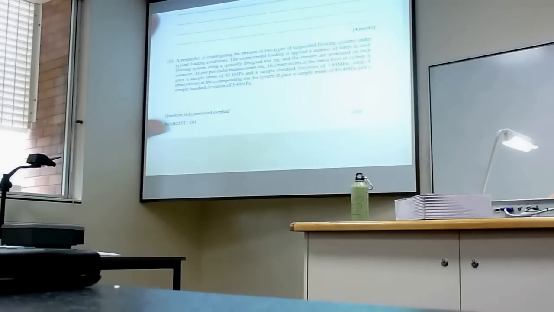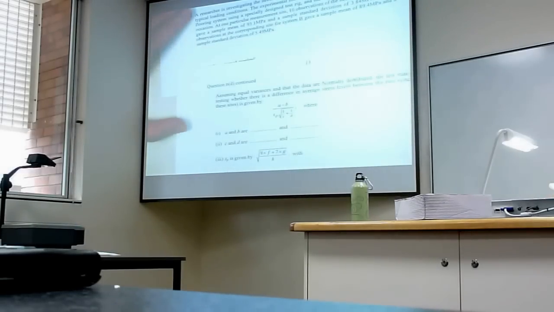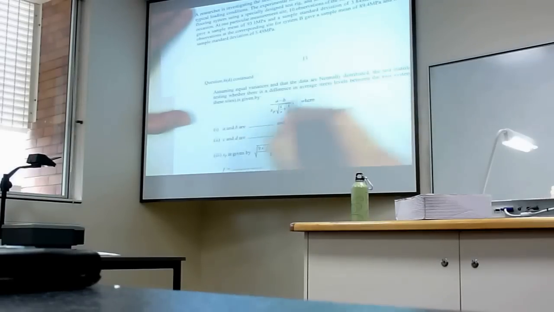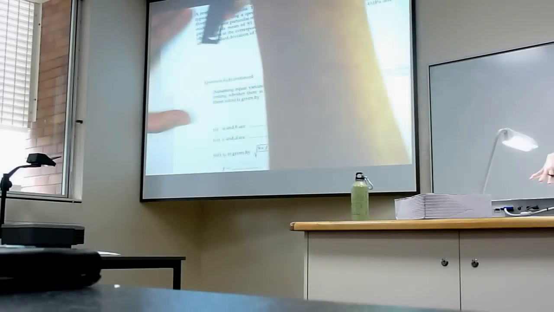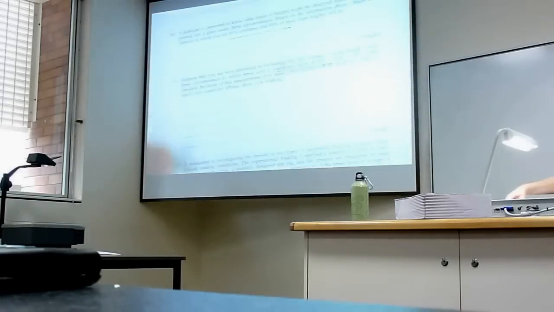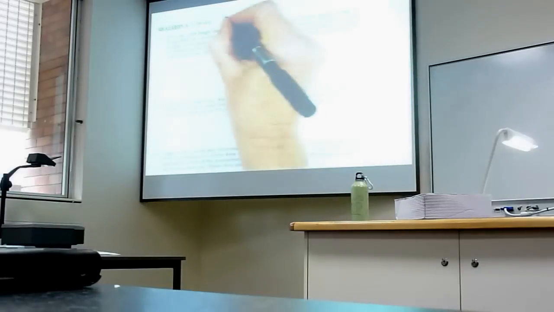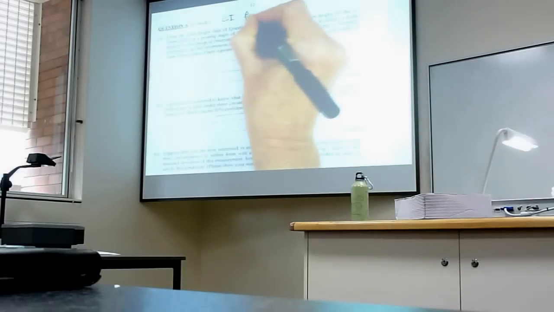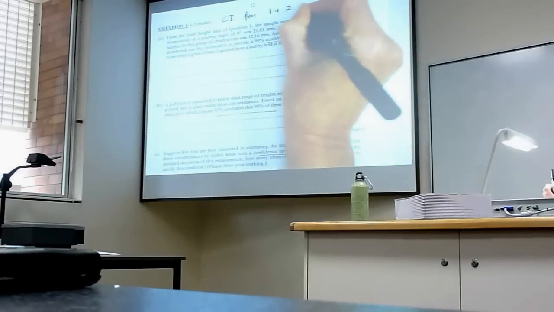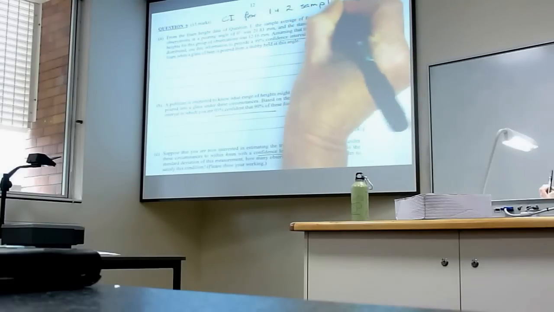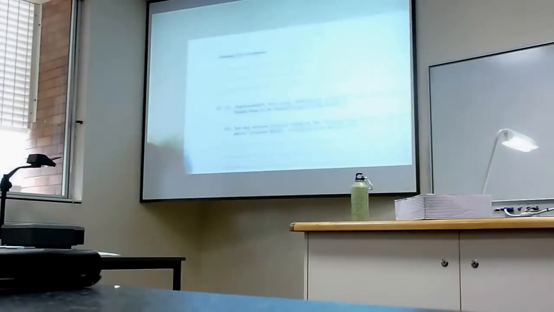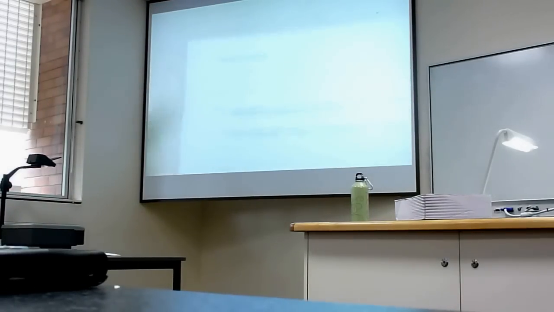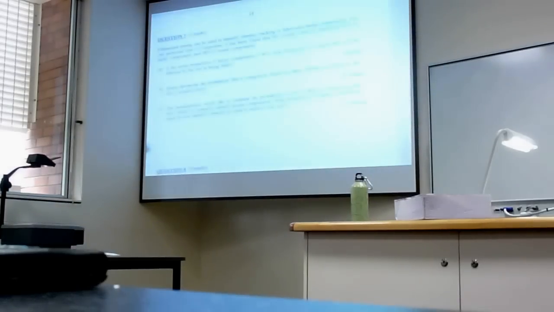It might be over the page. Yep, it is over the page. The test statistic. So here we're combining confidence intervals and then going on to hypothesis tests. This looks like confidence intervals for 1 and 2 samples. That's question 6, pages 11, 12, 13, 14.